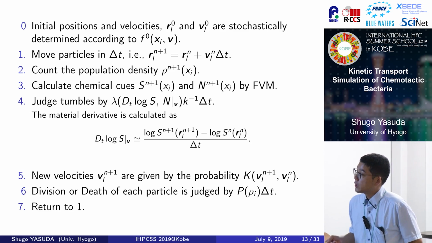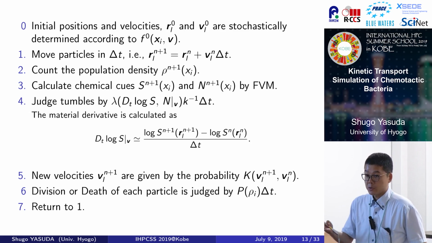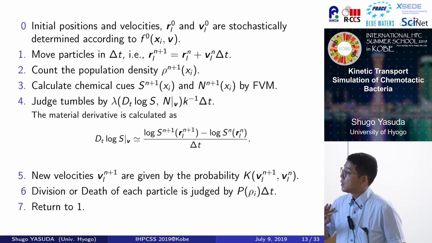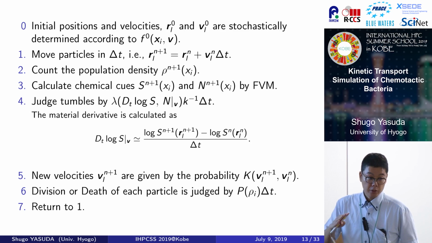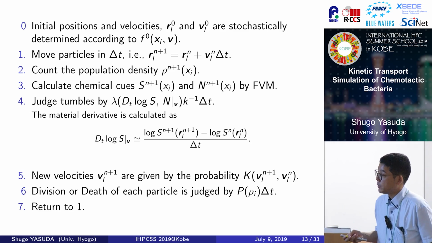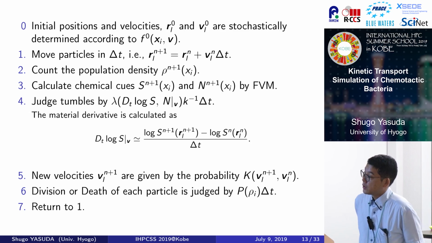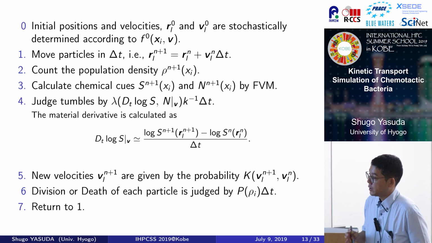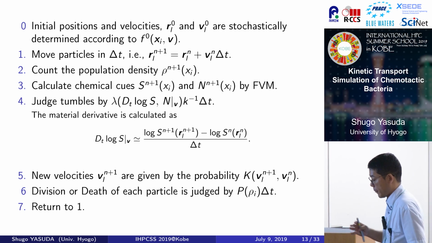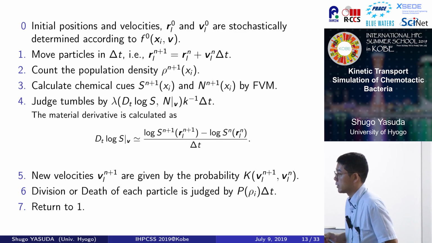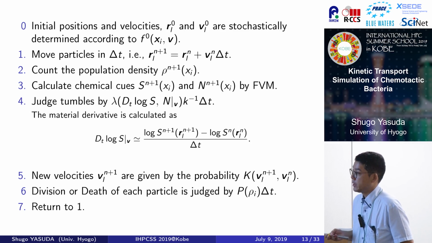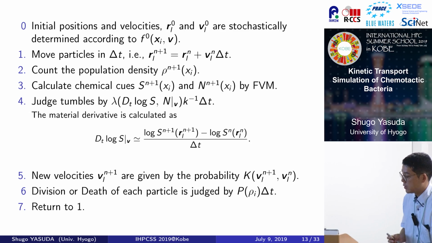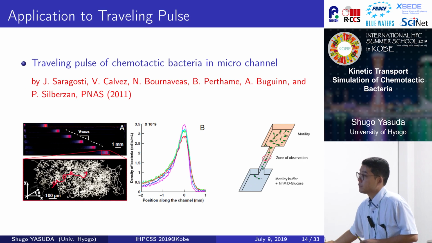And for the particles which are judged to make tumbles, we give the new velocities according to this probability. And if we consider the division or death of particles or bacteria, we also judge the division or death of particles with some rate. And we just repeat these processes in the Monte Carlo simulation.